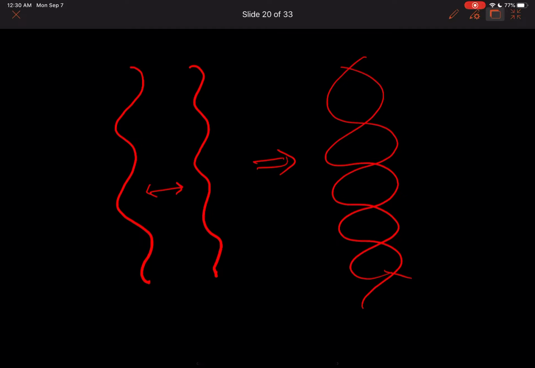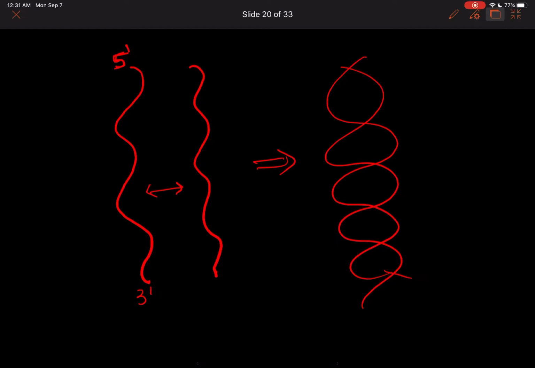Now, for a DNA strand, there is what we call a tail versus head orientation, okay? So for example, if the head of the DNA is a 5', we give it a number to set that as the head of the DNA. The tail would then be the 3' end.